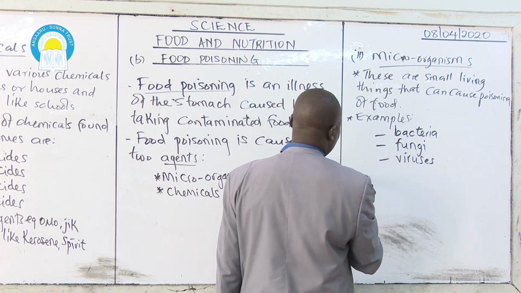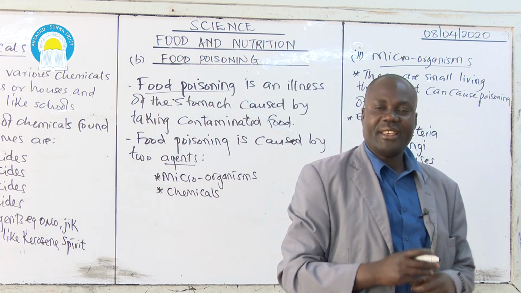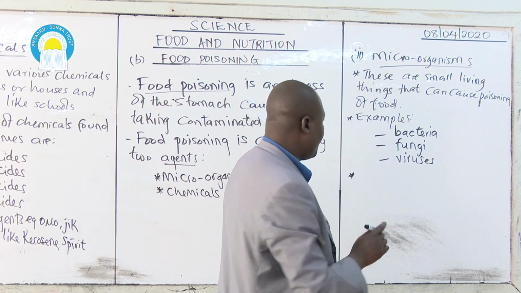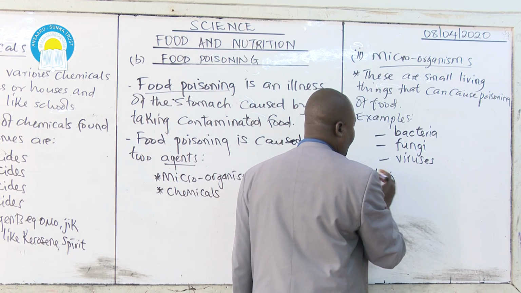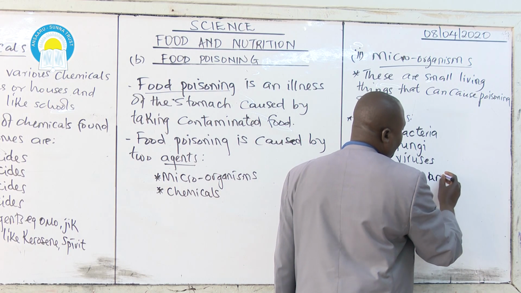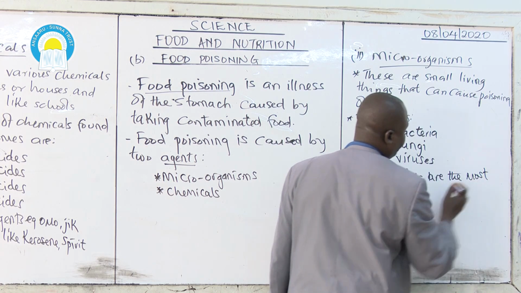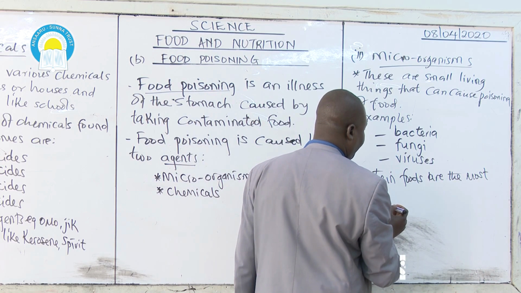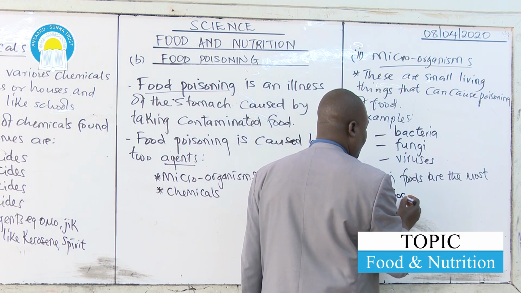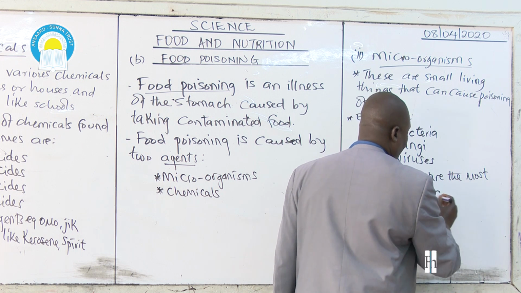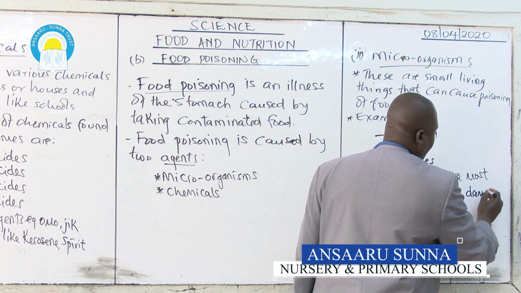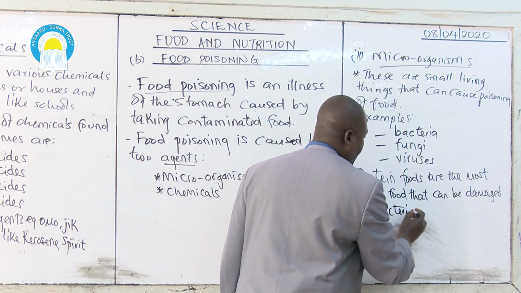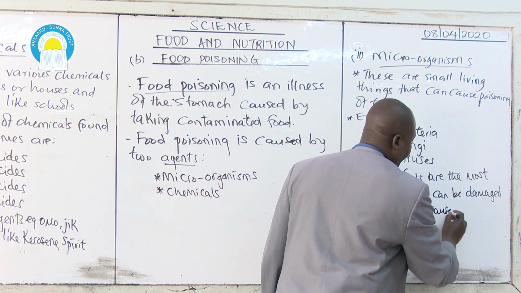For example, under this part, the most prone type of food that can easily be damaged by microorganisms are the protein foods. Protein foods are the most prone foods that can be damaged by bacteria to cause food poisoning.